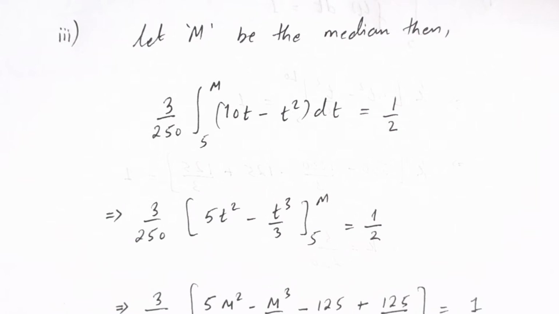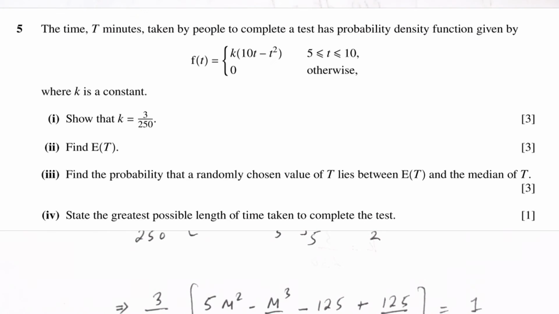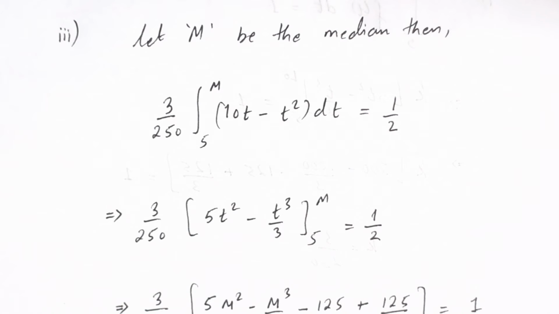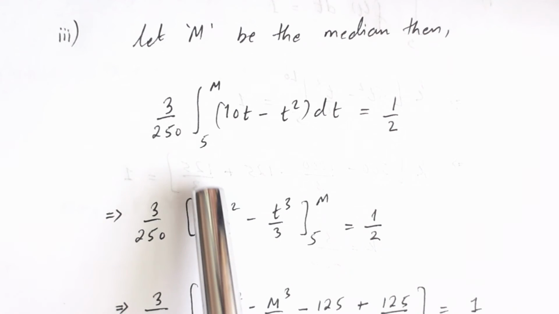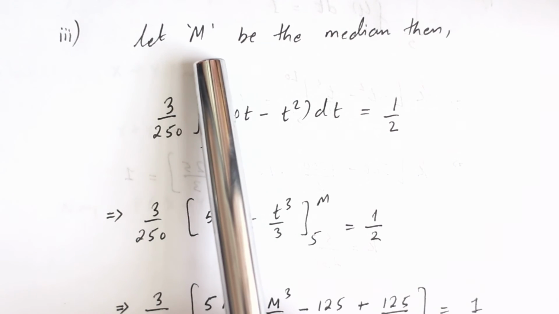Now question number 3 is the interesting bit of this question, because we have to find the probability that a randomly chosen value of t lies between the expectation value and the median of the time t. Obviously the first problem is we don't know the median. So what's the median of the time given that probability function? We'll just suppose m to be the median.